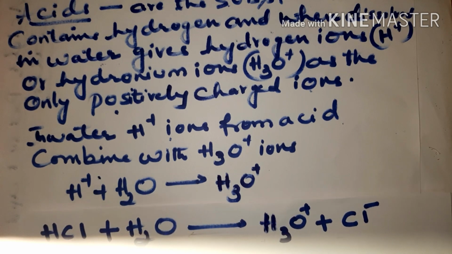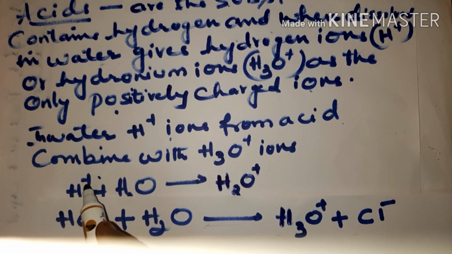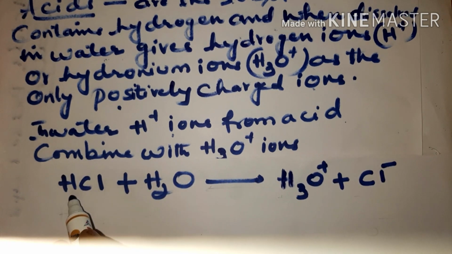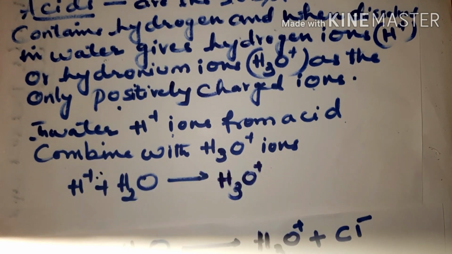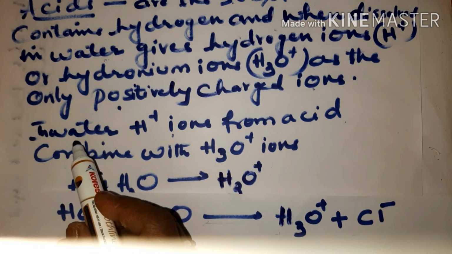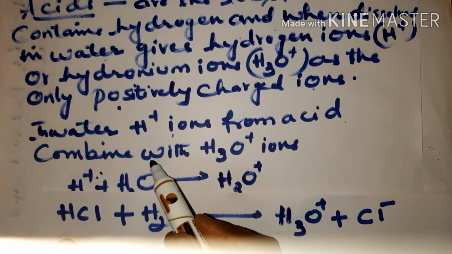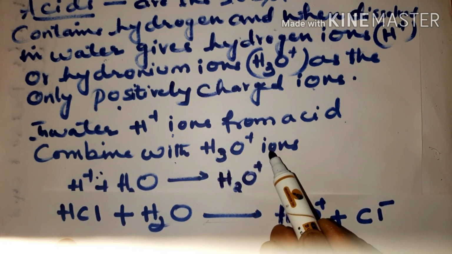If you take HCl, this hydrogen ion is from HCl. When dissolved in water, the hydrogen ion from the acid combines with water to form hydronium ions.